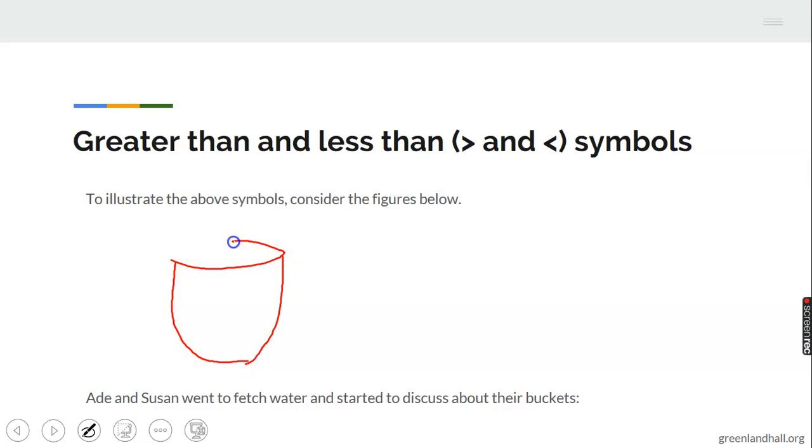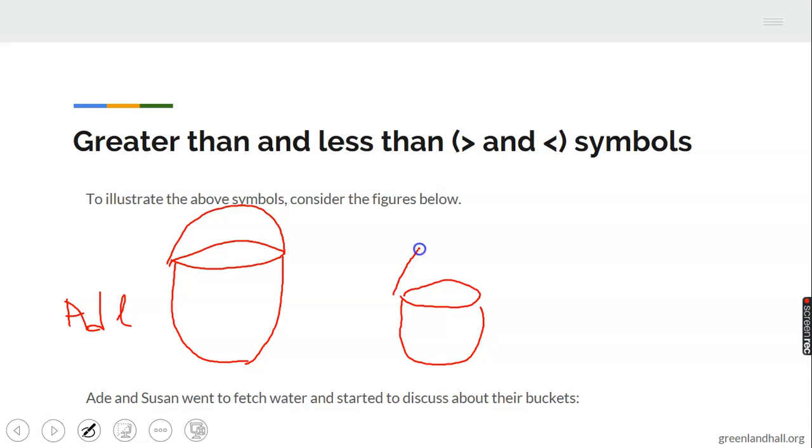Just pardon the way I draw it. This is for Ade. Just write in your notes, Ade. This is the bucket for Ade. Then this is for Susan.